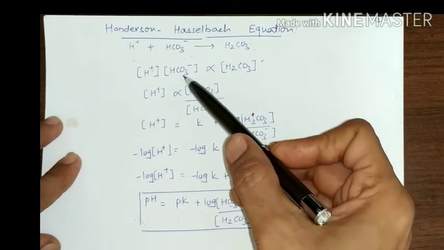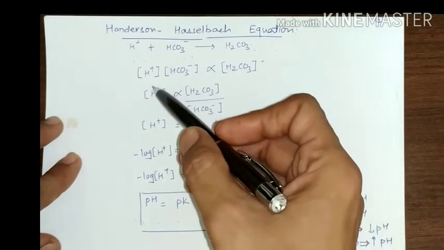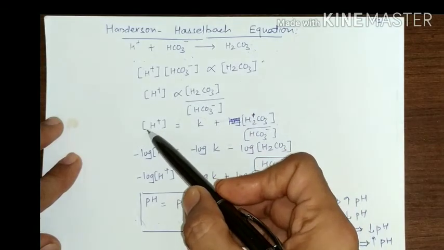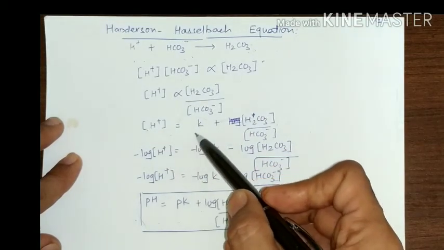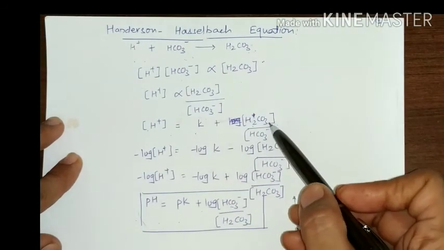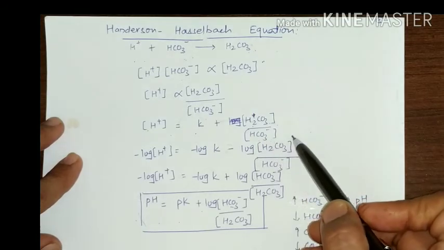Here we place this HCO3 minus below. Using this formula in the equation, we get that H plus ion concentration is equal to K, where K is a constant, times H2CO3 concentration divided by HCO3 minus ion concentration.